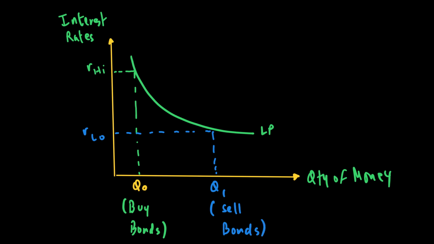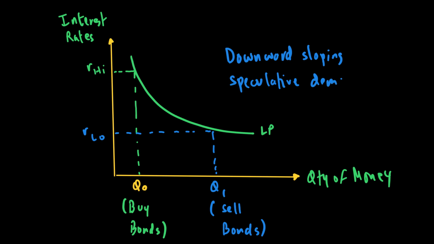And this explains why we have a downward sloping, very interest elastic speculative demand for money. According to the speculative demand, high interest rate means low money balances, because speculators are buying bonds. Low interest rate means high money balances, because the speculator is selling bonds.